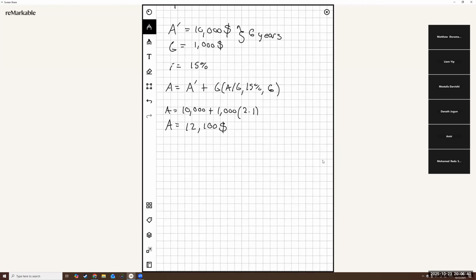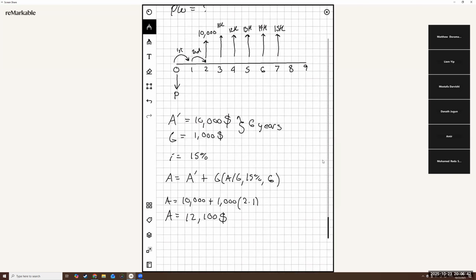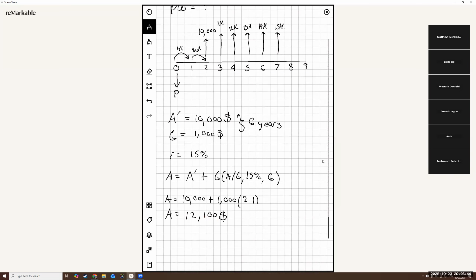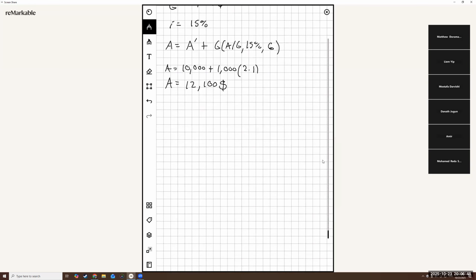All that's left now. So we have our A value, right? Now we can calculate our present value from this A value. We will go A/P, 15%. Okay, what's my N here?